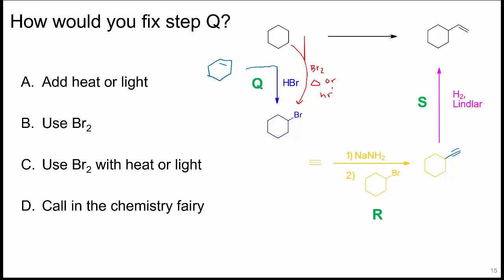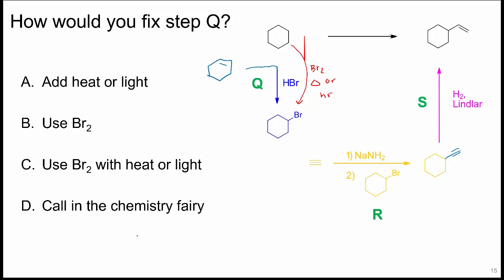There was a question about whether it needs peroxide. Peroxide you could use to start a radical reaction, but usually HBr is what you would use to do the anti-Markovnikov addition.